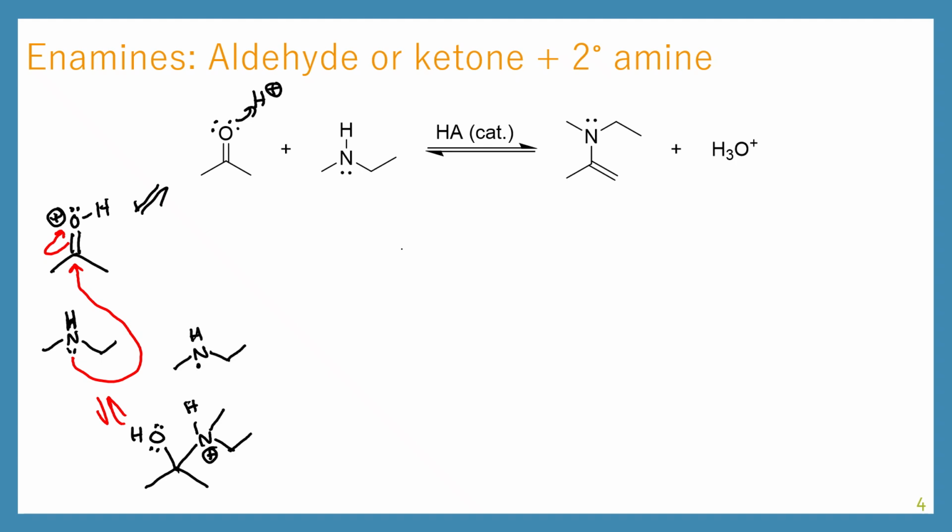I'm going to use another equivalent of the amine to accomplish that. So I have my hemiaminal. And I want to get rid of that oxygen. So I'm going to do the same thing I did last time. I'm going to protonate it and turn it into water, our better leaving group.